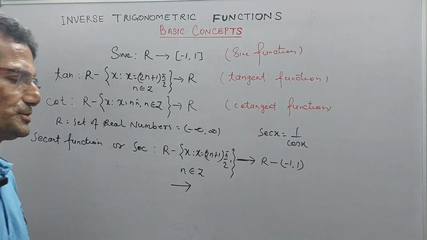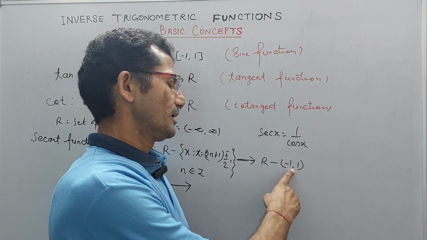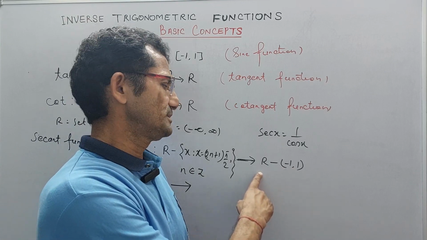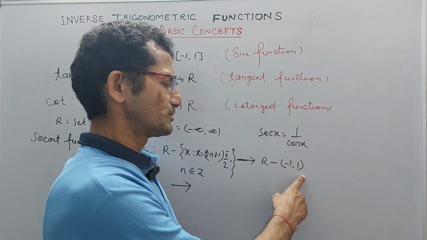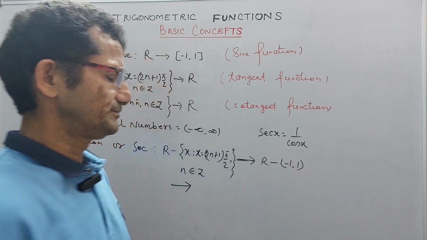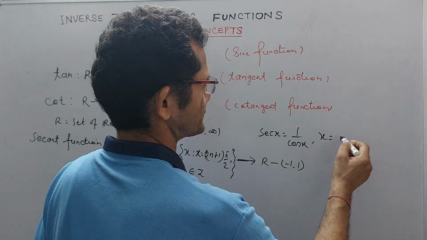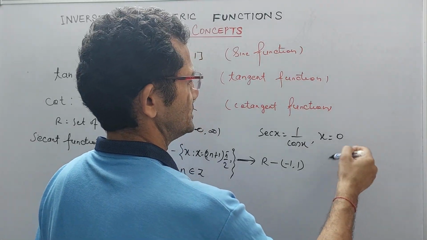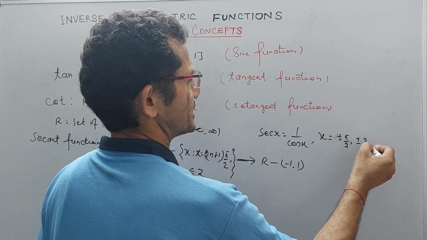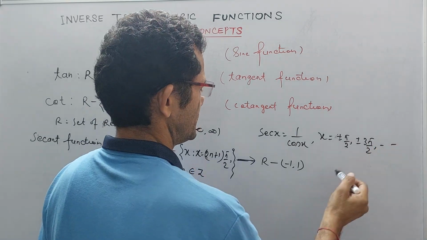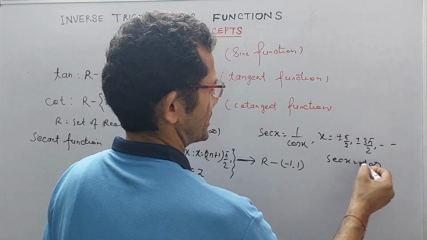Sec has no values which lie between minus 1 and 1, and sec x has the values plus 1 and minus 1 themselves. That's why minus 1 and 1 are not excluded; they are open intervals at minus 1 and plus 1. It is not defined for the values plus minus pi by 2, plus minus 3 pi by 2, and so on, for which the values of sec x become plus minus infinite, which is not defined.